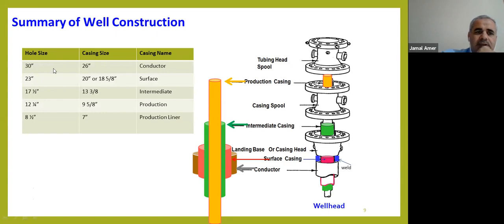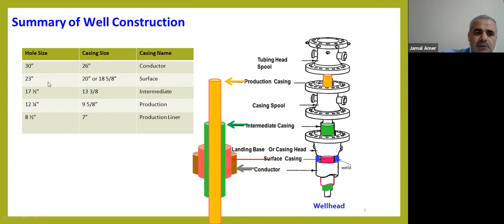The summary of construction, as we see from this table, is the hole size and the casing size, which more fit to that. Bit size we called it, or hole size or bit size, then the casing size and casing name. So we see here open hole 30 inch, then we have casing size 26, conductor.